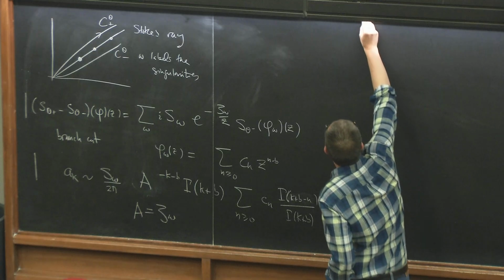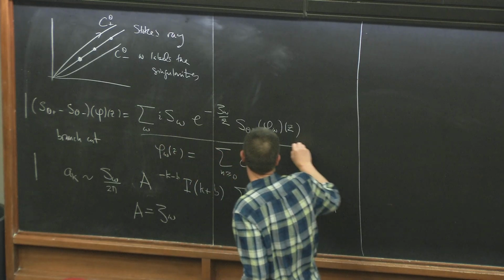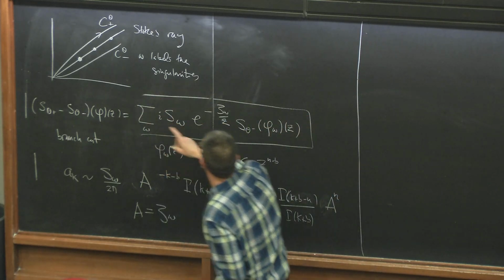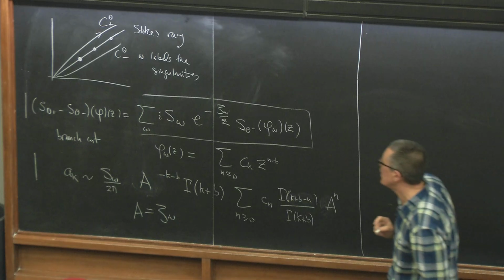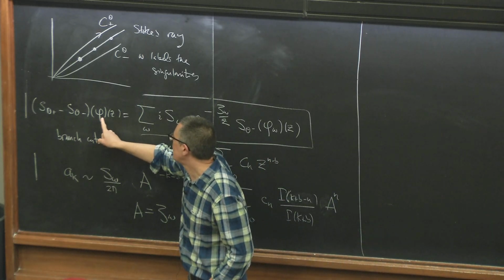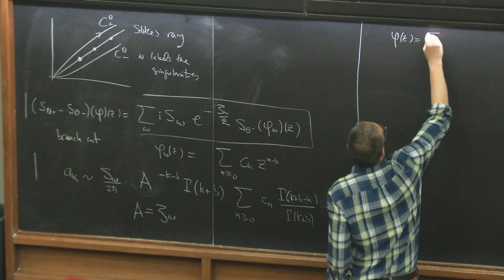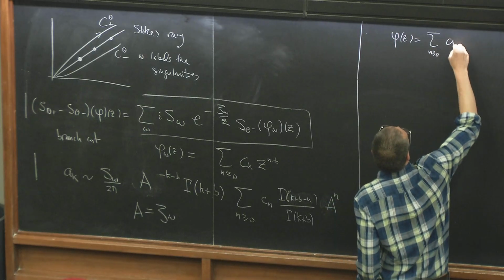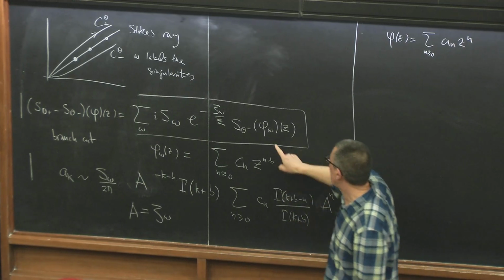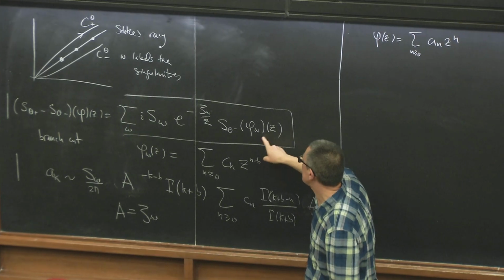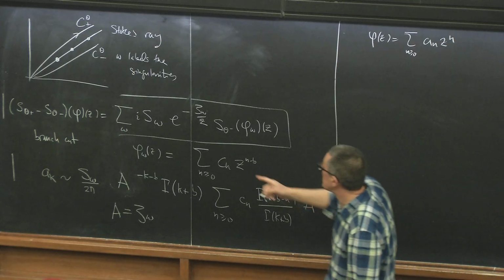So let me first make a comment. This formula is quite interesting because it shows, in a sense, what is the natural object that appears when you study resurgence. Here we started with a perturbative series, phi of z. But when you do this type of calculation, you end up with very interesting combinations. You have also series in z, but they come with an additional exponentially small factor.